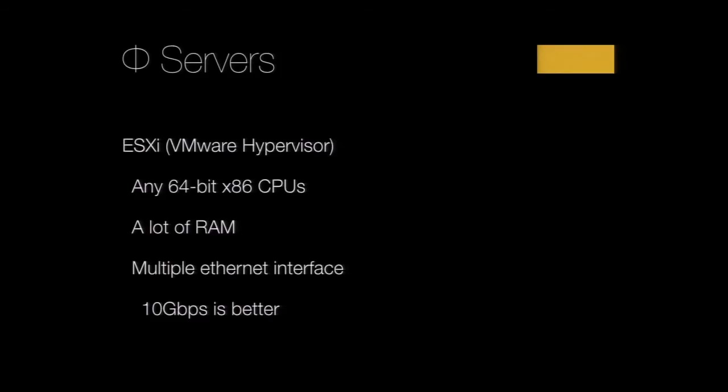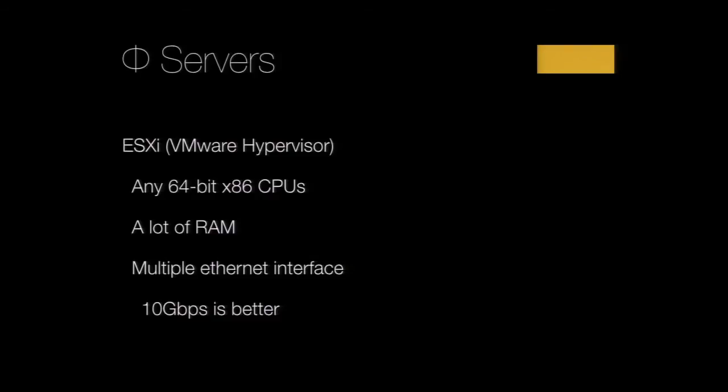On the server side, for ESXi, the VMware hypervisor, which is at this time the most interesting for us. For ESXi only, what you need is an Intel 64-bit compatible CPU, a lot of RAM, and multiple Ethernet interfaces. 10 gigabit is better, but it's not mandatory, and that's all.